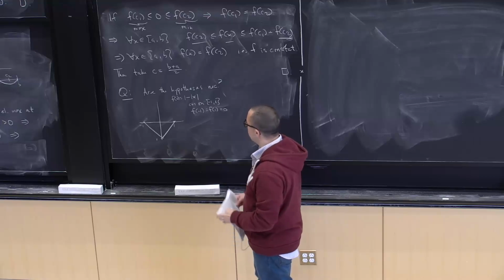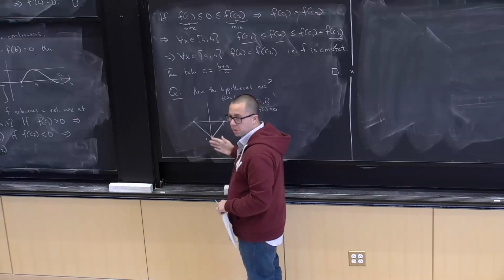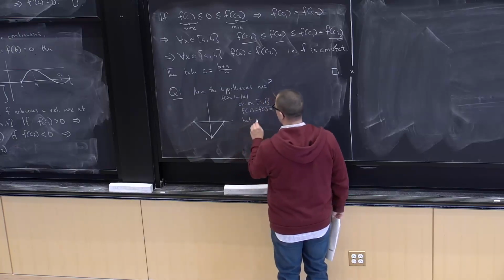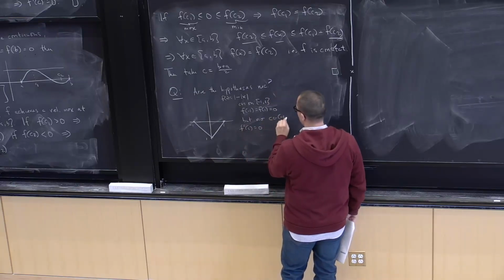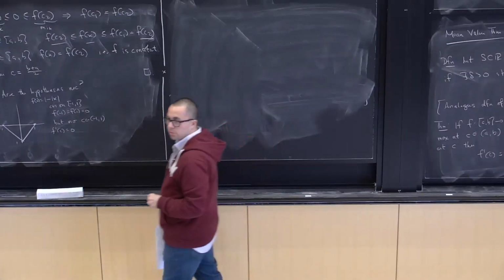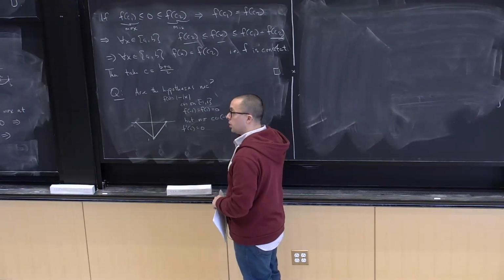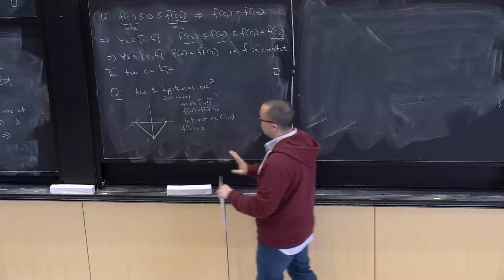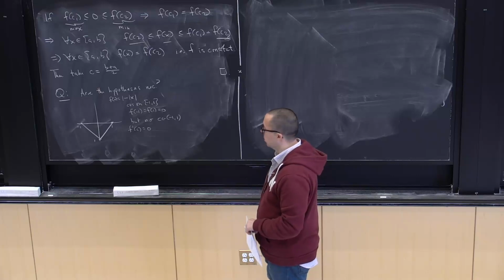What hypothesis did I leave out for this function? The hypothesis that it's differentiable at every point in between, right? This function's not differentiable at 0, and there's no point where the derivative equals 0, right? So this example tells you that the hypothesis that the function is differentiable on the interval minus 1, 1 or AB is necessary for the theorem to be true. Okay, that's what I'm getting at.